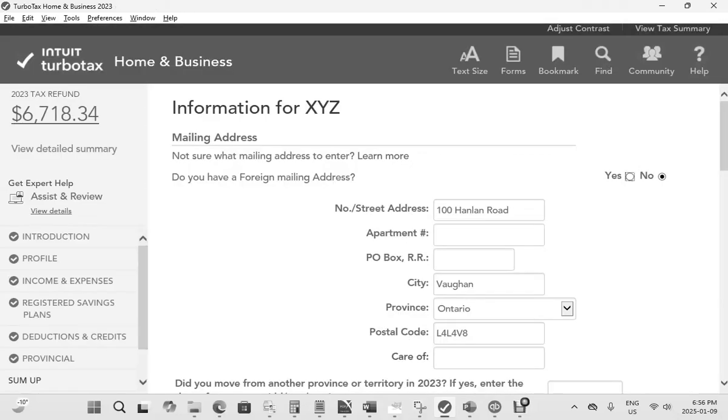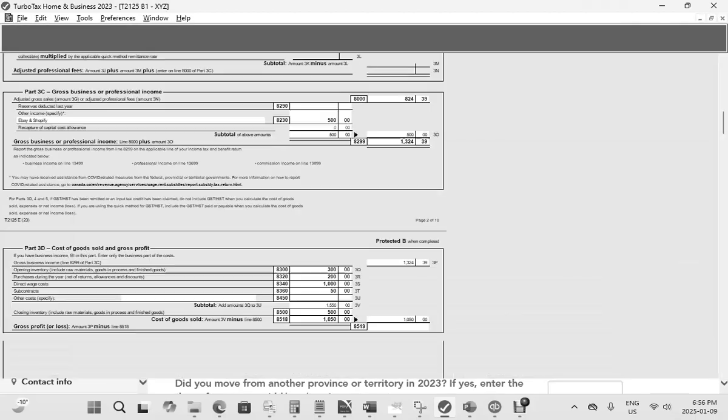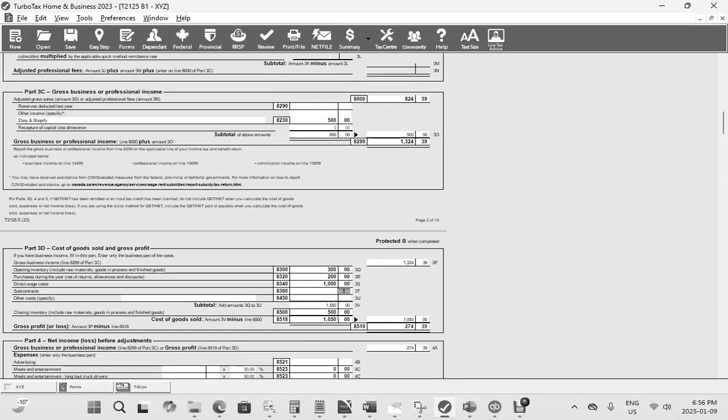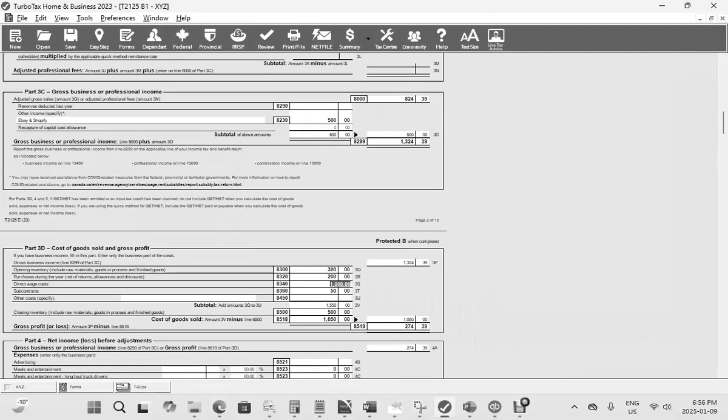Notice your tax refund. Which basically means the more you pay to your employees, the more you get in tax refund. So the more employees you have, the more the tax refund. Let's change it back to what it was before. So let's say this figure was $500. Let's change it to $500.